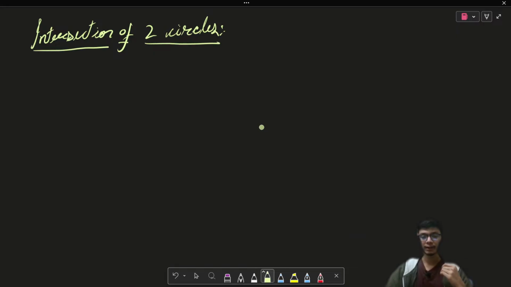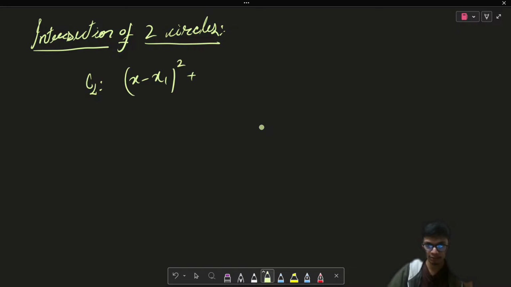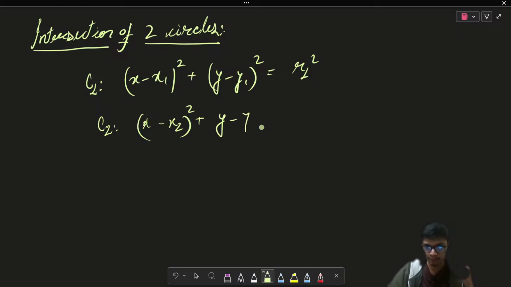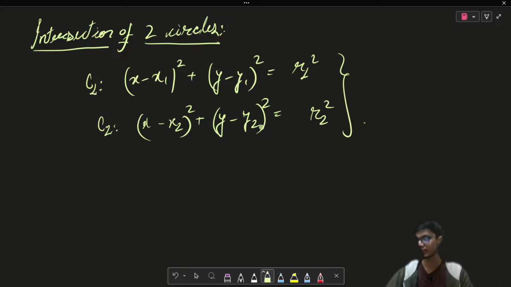For that, let us take two circle equations. Let my first circle be (x - x1)^2 + (y - y1)^2 = r1^2, and the second circle be (x - x2)^2 + (y - y2)^2 = r2^2. Let us say we have these two circle equations.